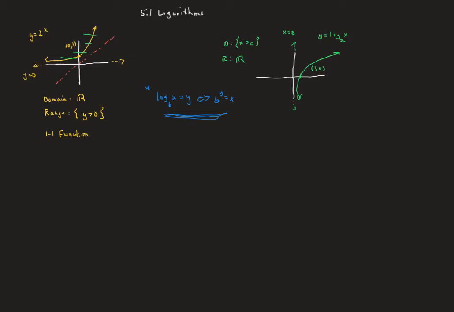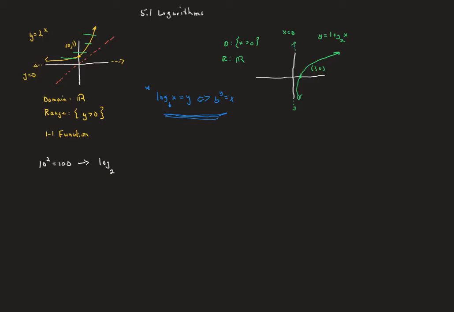So this is fundamental. We have to be able to go back and forth between a logarithmic equation and an exponential equation. For example, if we say that 10 to the second is equal to 100, which is true, that's an exponential equation, then you can convert that to the corresponding logarithmic equation, where these all mean the same thing.